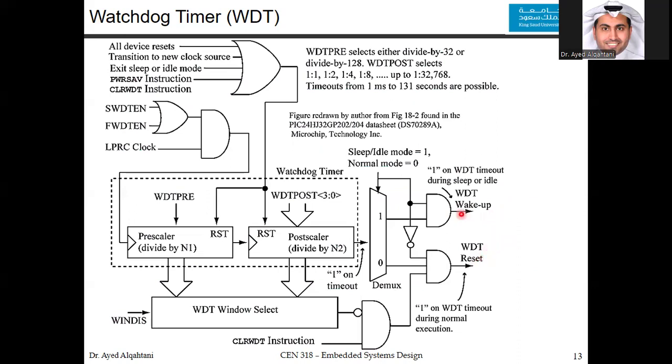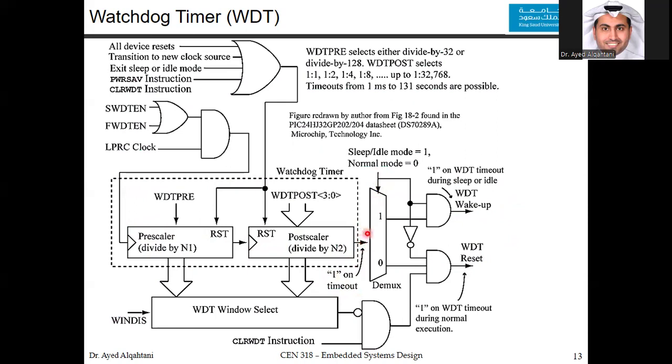Now, when do you know that you have a watchdog timer timeout? You can see that you have two shift registers here. It goes like this. And here, you will have the value 1 only when the watchdog timer times out. So the selector will always see 0 unless the timeout happens.